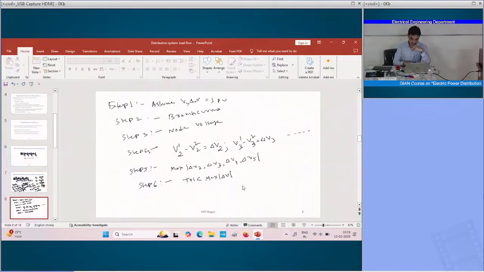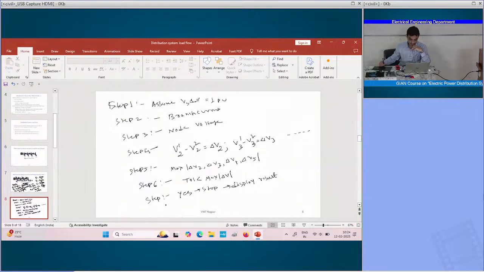So this is roughly what we write in the flowchart for this. If the criterion is satisfied, then stop iteration and display the result.